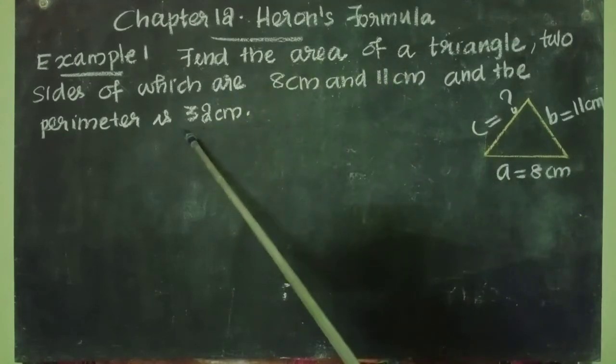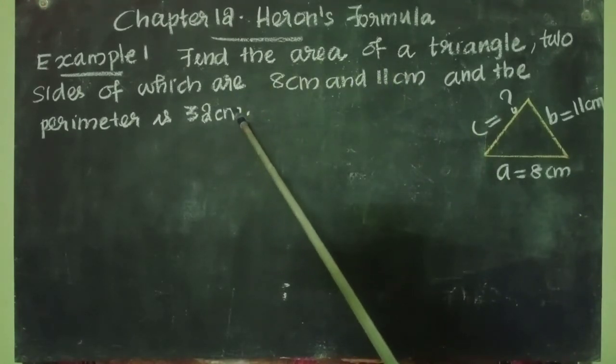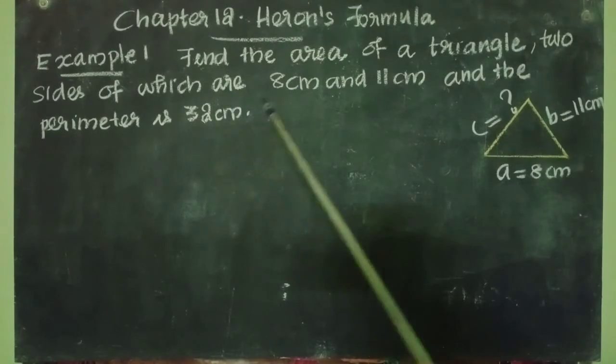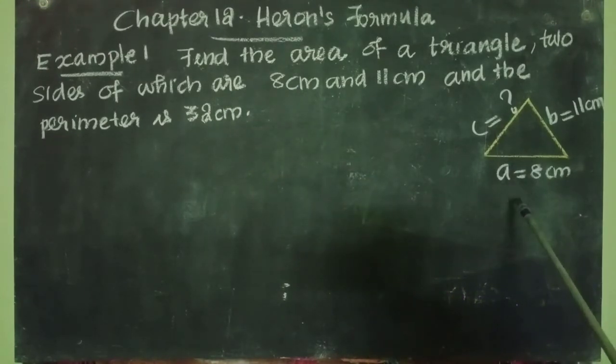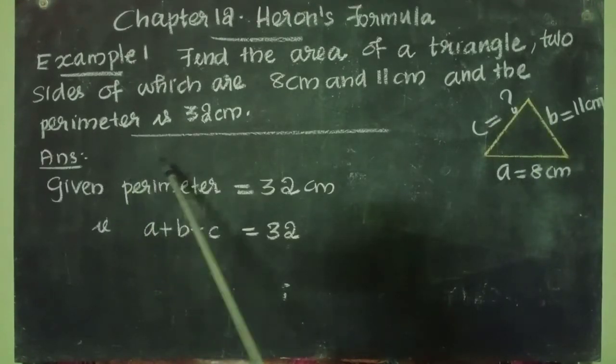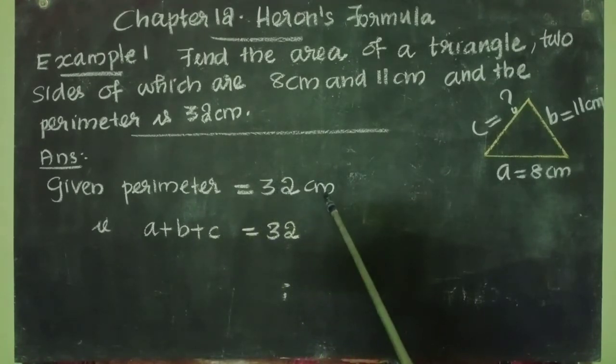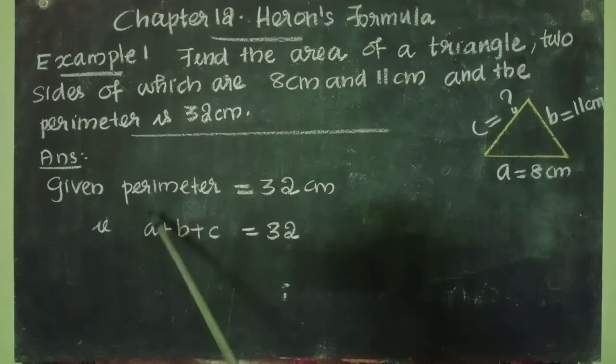But here, given perimeter equal to 32 cm. We know perimeter is A plus B plus C. So let us write, given perimeter equal to 32 cm, that is A plus B plus C equal to 32 cm.